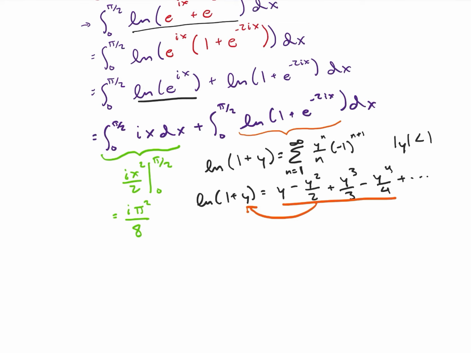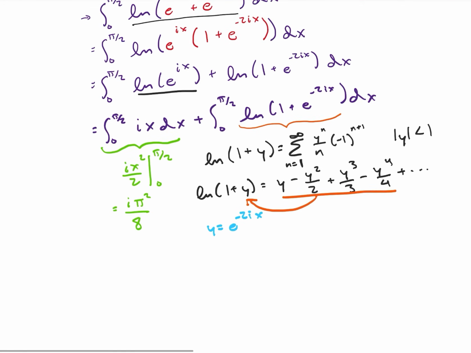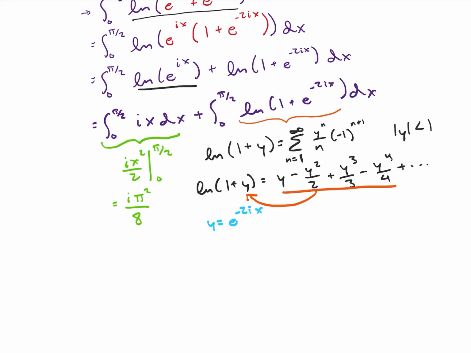So we have the Taylor series. But in this case, I don't have y, I have y equal to e to the negative 2ix. So when I have the natural log, remember that we have this other term, don't forget about it, but I'm going to take a little more space.